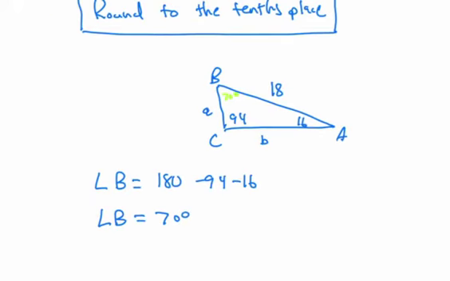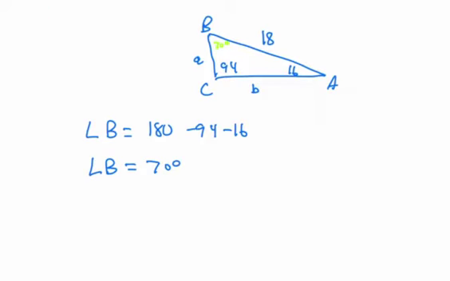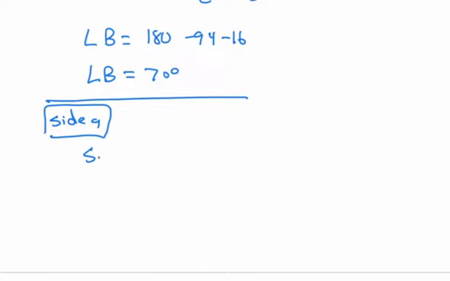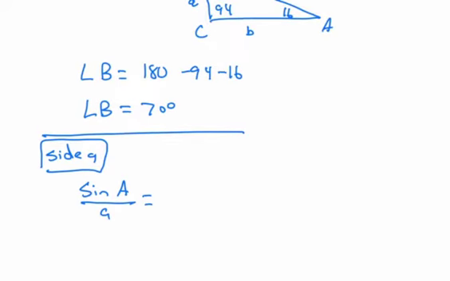Okay, so the next thing we want to do is solve for sides. And again, it doesn't matter what order you go in, but just for simplicity, I'm going to go in alphabetical order. So we'll be going for side A. I need my ratio: sine of angle A over side A is going to equal, and here I've got to go with C, because it's the only one where I've got the angle and the opposite side.